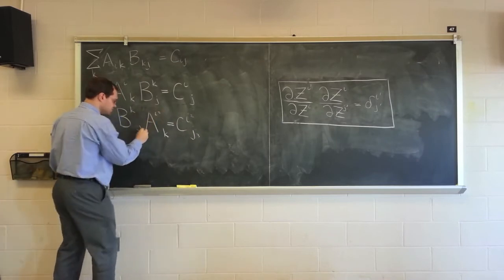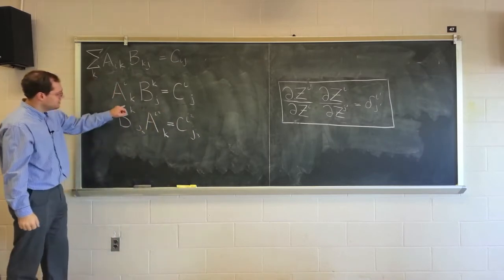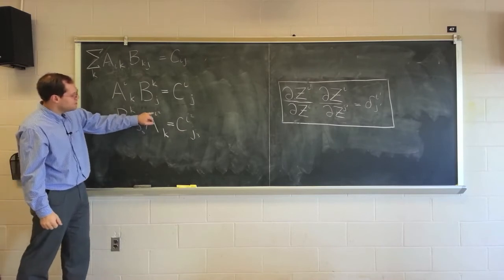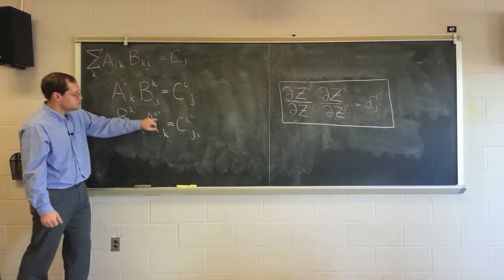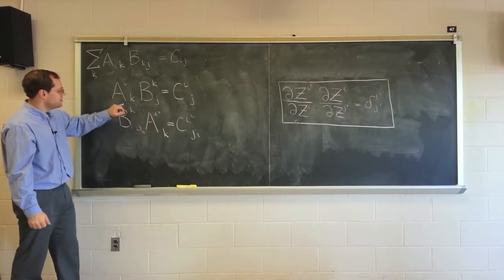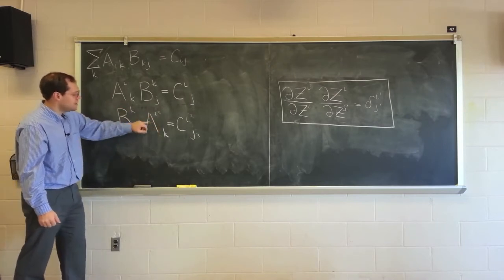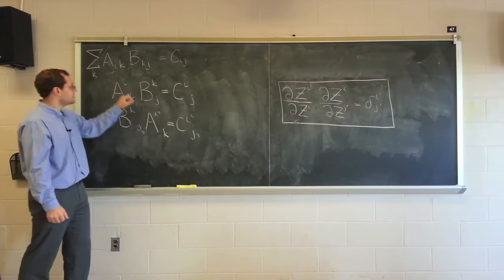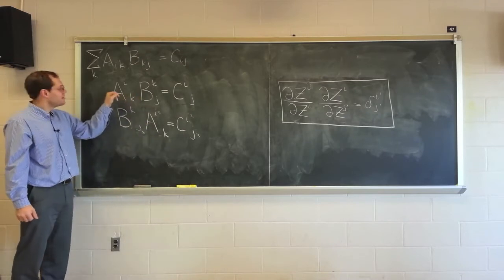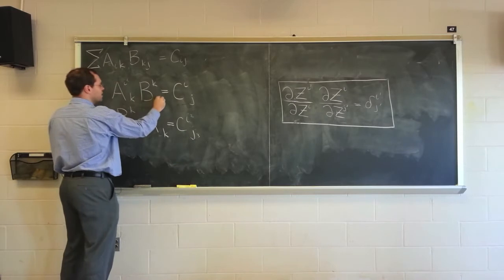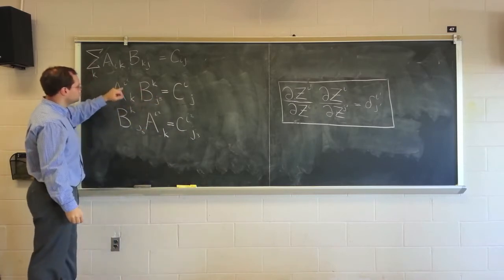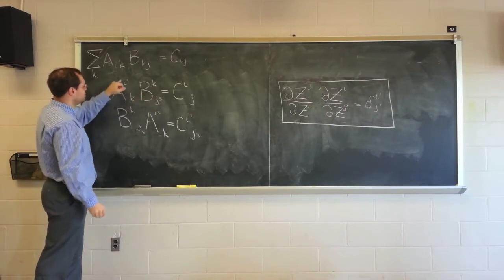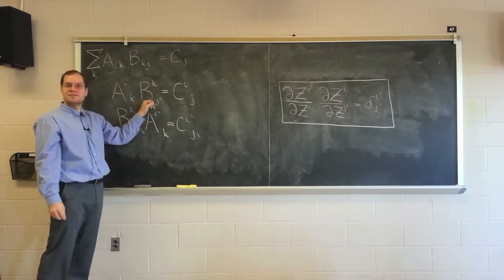What is C, 2, 3? So this needs to be 2, this needs to be 3. It's B1, 3, A, 2, 1, plus B2, 3, A2, 2, plus B3, 3, A2, 3. The exact same thing as I would have said here: A2, 1, B1, 3, A2, 2, B2, 3, A2, 3, B3, 3.